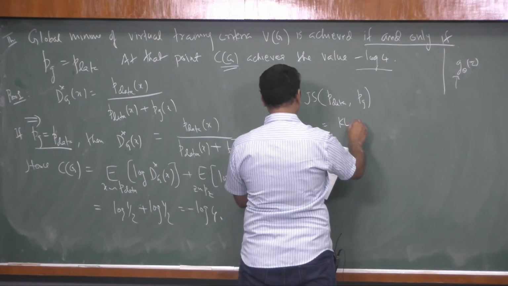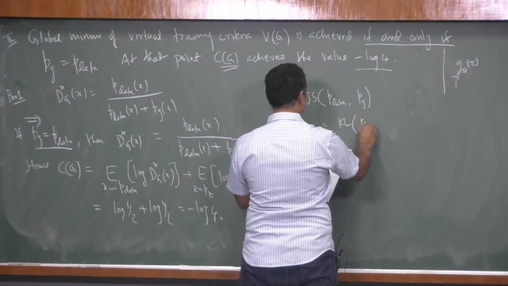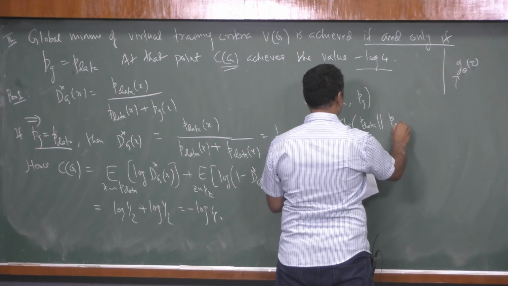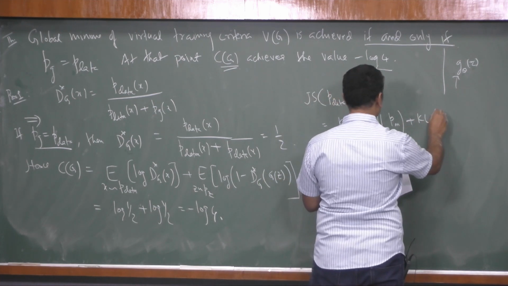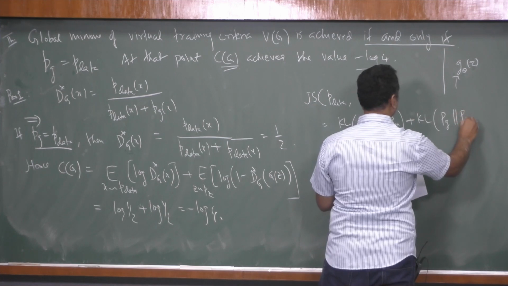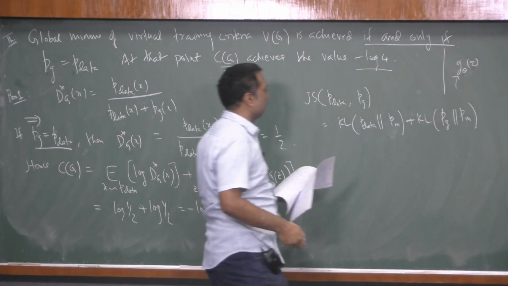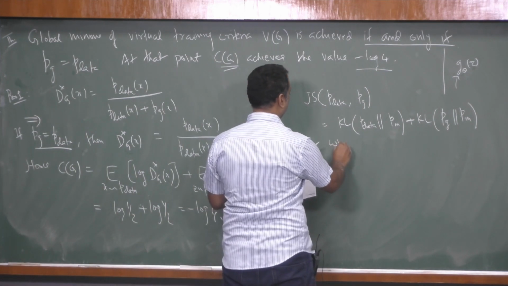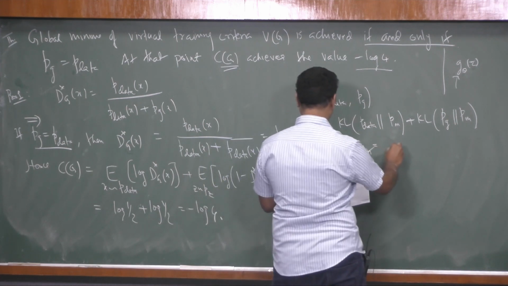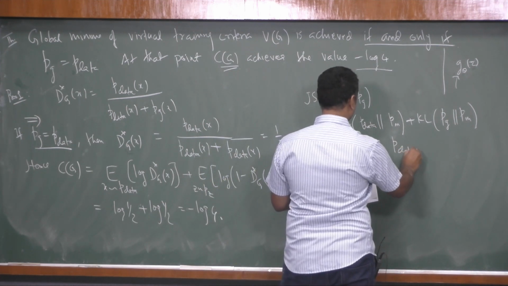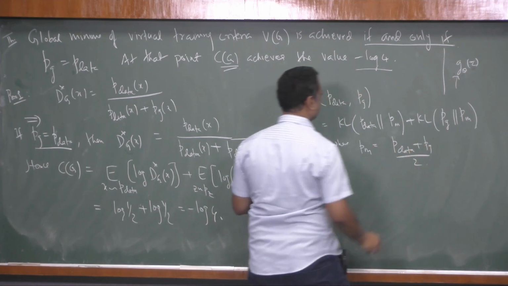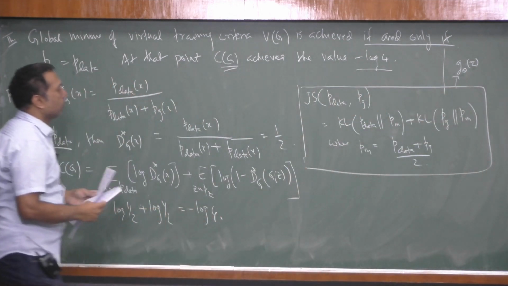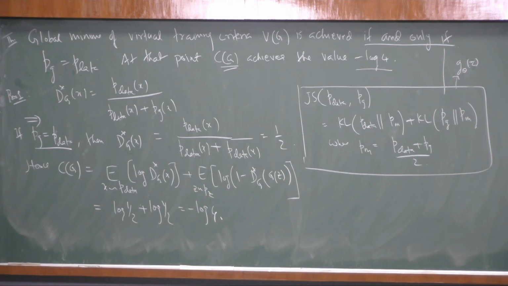So this is KL divergence of P data and PM plus KL divergence of PG and PM, where PM is a mixture, P data plus PG by 2. So in this notation we have this JS divergence written for us. What we are trying to do as a next step is to go there.